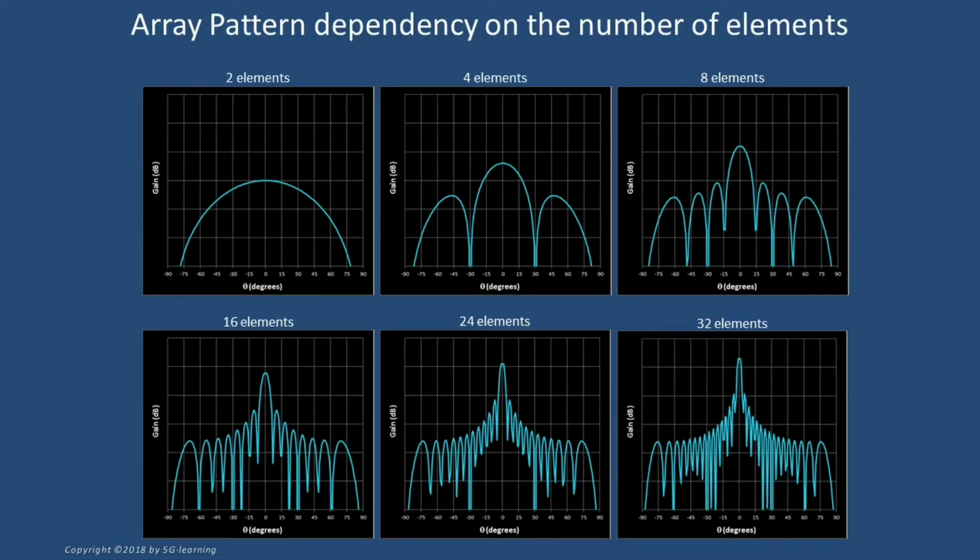This picture displays a subset of the configurations from the previous animation. Note that the maximum gain increases as additional elements are added to the array. Also note that main lobe widths decrease as well.